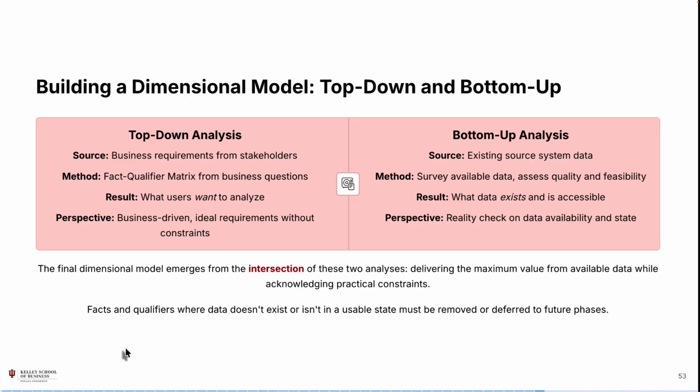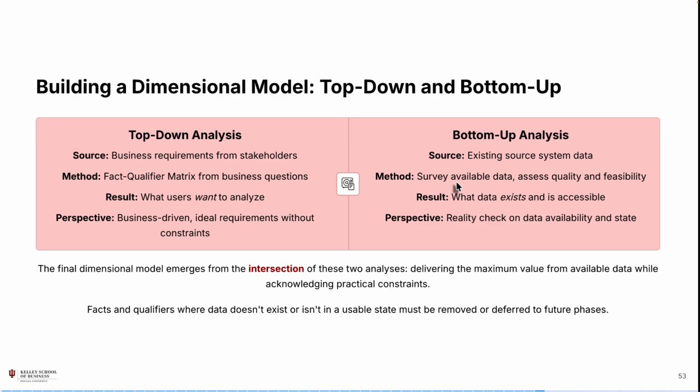Building a dimensional model requires 2 simultaneous analyses, a top-down analysis and a bottom-up analysis. The top-down analysis is business-driven. The method is the FQ matrix, and this shows what users ideally want to analyze. The bottom-up analysis is a reality check.